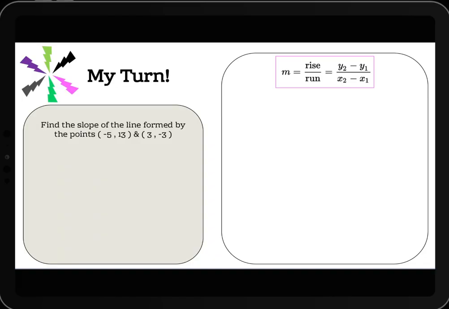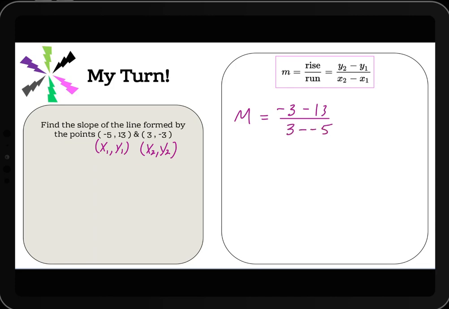So let's look at an example again. Here we have 2 ordered pairs, and it's sometimes helpful to label your x1 and y1 just so that way you understand where you're pulling it from. So for me, my slope m is going to be my y2, which is -3, minus 13, which is my y1, divided by my x2, which is 3, minus -5.